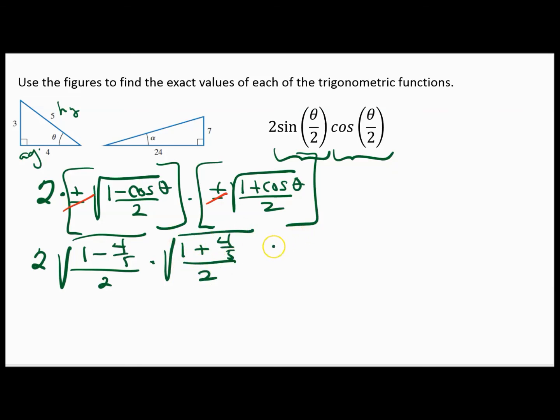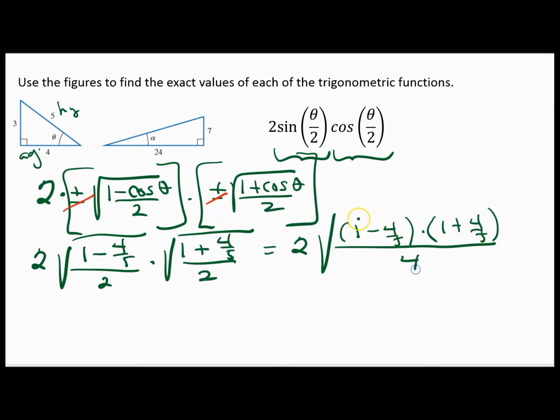I multiply these together, that's going to give me 2 times the square root of, okay, because they're both under square root, I can just simply multiply them together. 1 minus 4/5 times 1 plus 4/5, and that's all over 4.